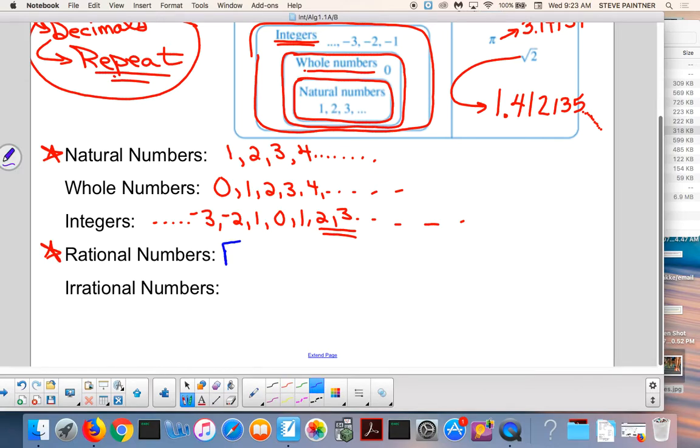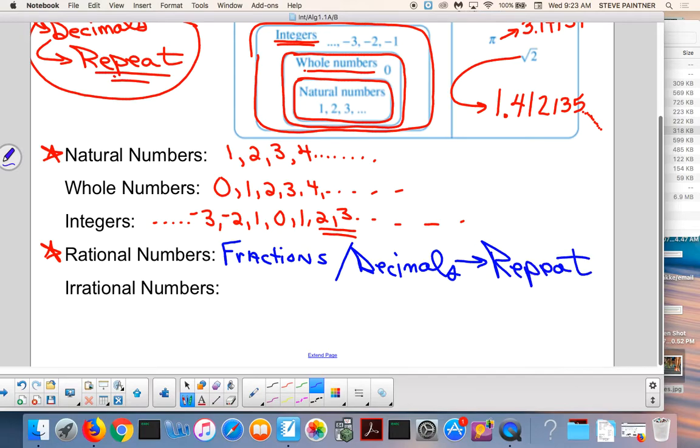They're what? Good. They're fractions or decimals that what? Yeah, that repeat. Okay. Bingo. Okay, but if we talk about the irrational, if these are fractions, these are what? Non-fractions.